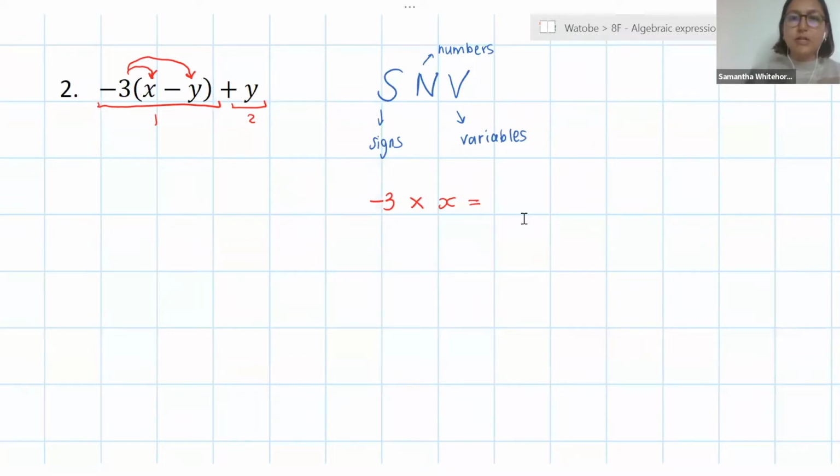Awesome, you guys are on it tonight. So we know that my sign is going to be negative. Then I move on to the numbers. Now remember, there's a coefficient of 1 here. So if I just consider the numbers, 3 times 1 is 3. And then I go on to the variables. I don't have any other variable other than x. So that product there is -3x.